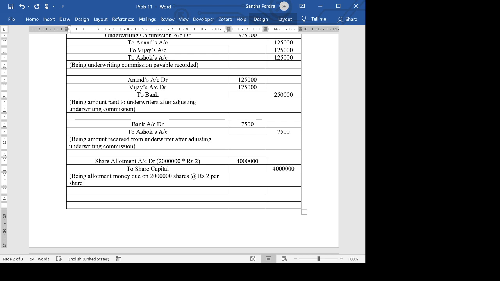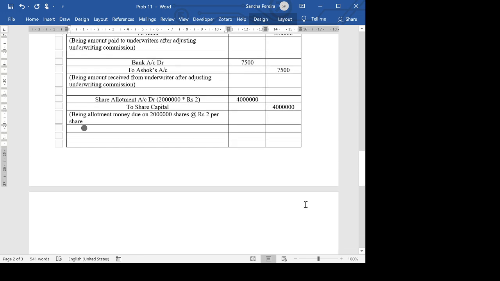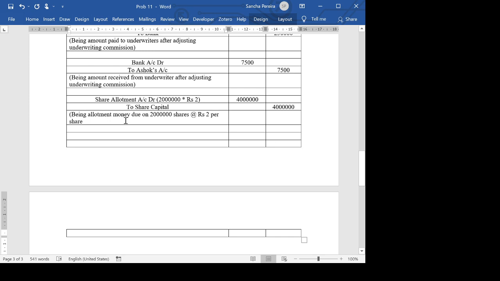This is the allotment entry for amount due, and then we pass an entry for the receipt of allotment money: bank account debit to share allotment account, which is 40 lakhs.